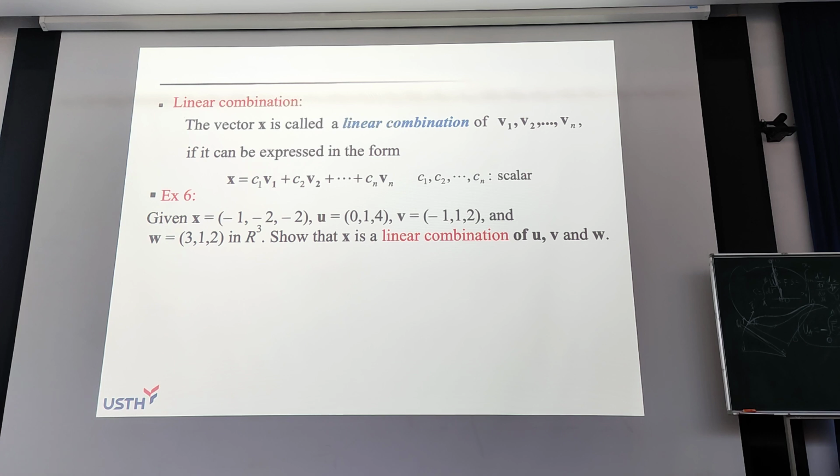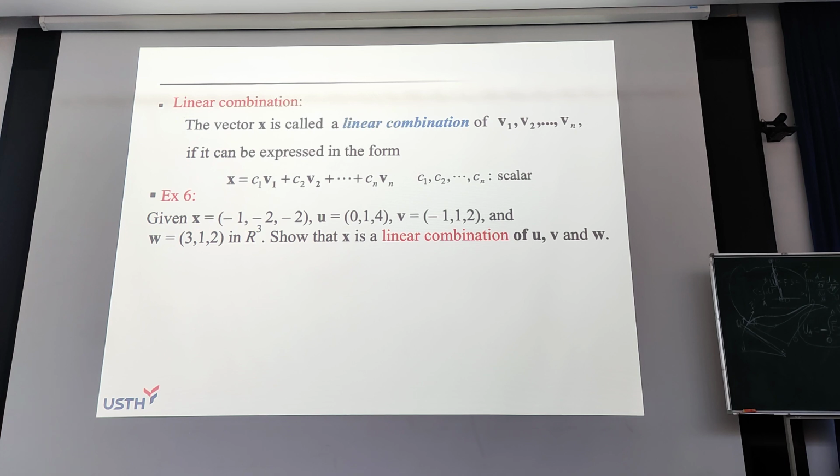And here, the next example will show you that linear combination will lead you back to a system of linear equations. Now suppose that we are given the vectors u, v, and w in R3. u equals (0, 1, 4), v is (-1, 1, 2), and w is (c, 1, 2). All three vectors lie in R3.